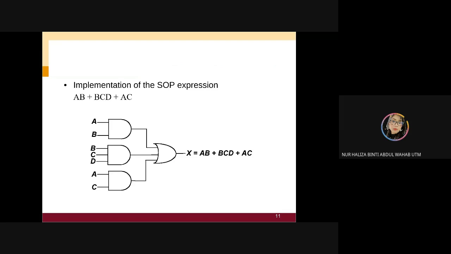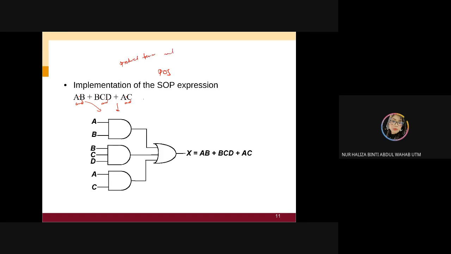So for your SOP, this is an example circuit. If you compare to POS later, you're going to see that starting you have A dot B, which is an AND gate, B dot C dot D, an AND gate, and A dot C, also an AND gate, which is your product term, a multiplication.